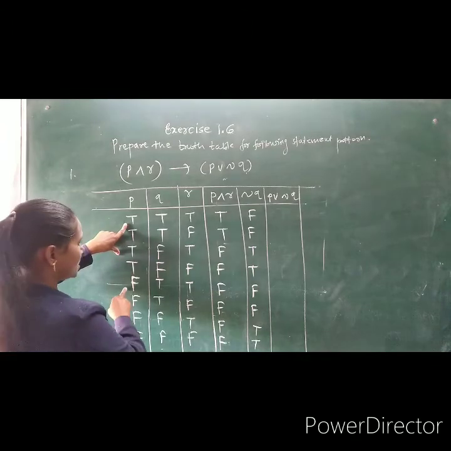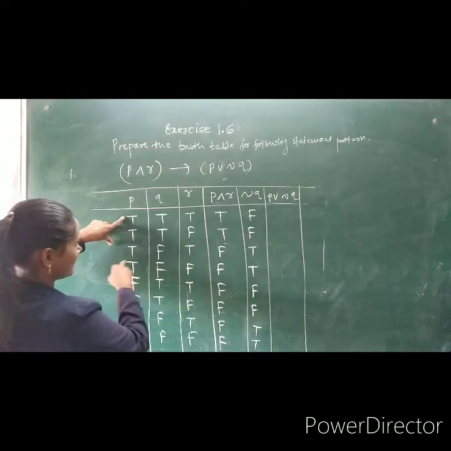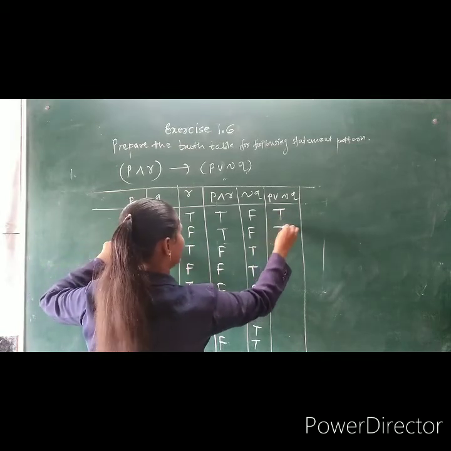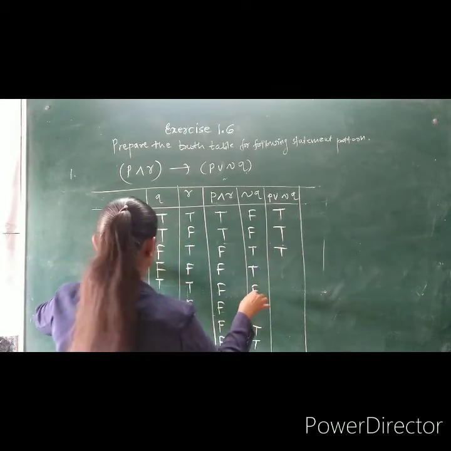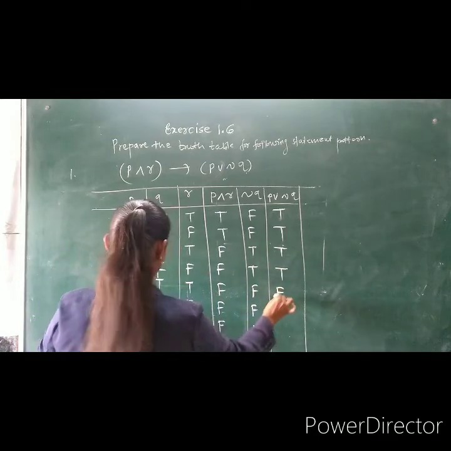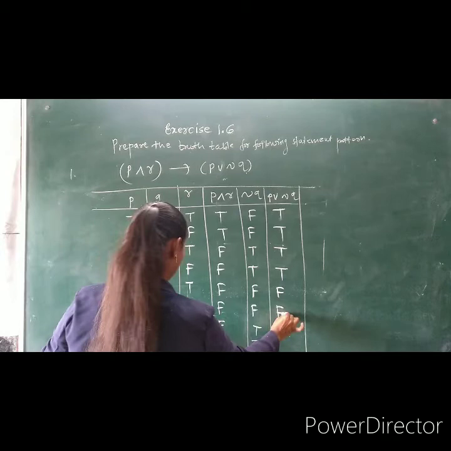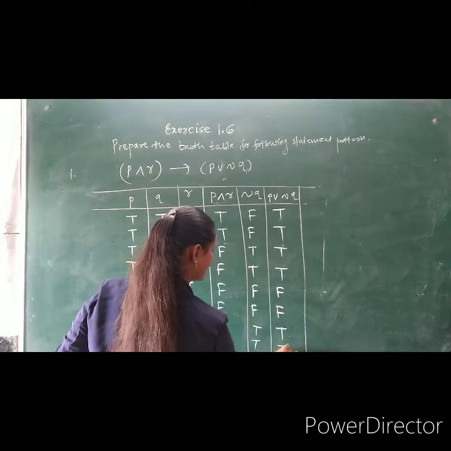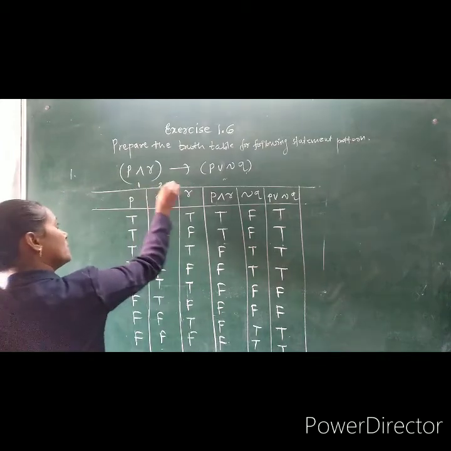So check where both these statements are FF. Here TF, so it is T. Again TF, T. TT, T. TT, T. FF, so it is F. Again F. FT, so T. And FT, so it is T. Give numbers.